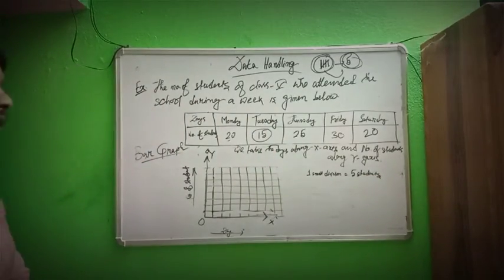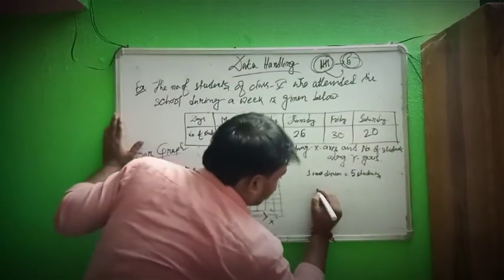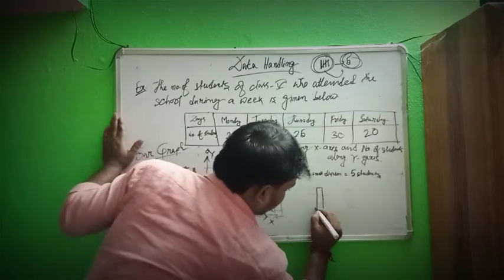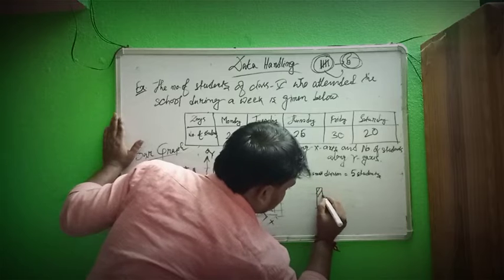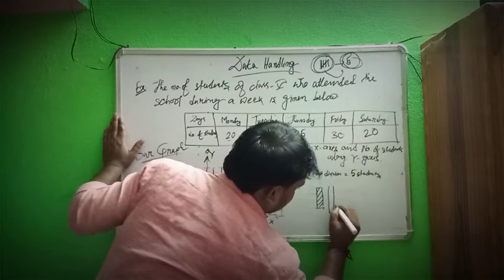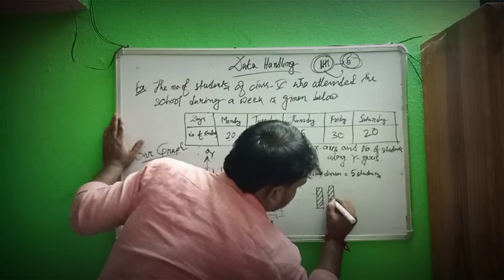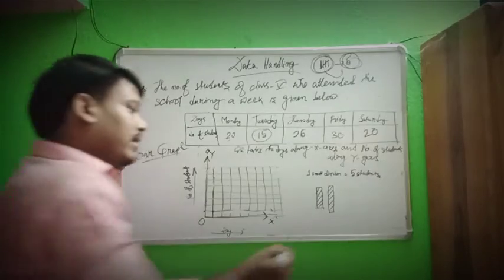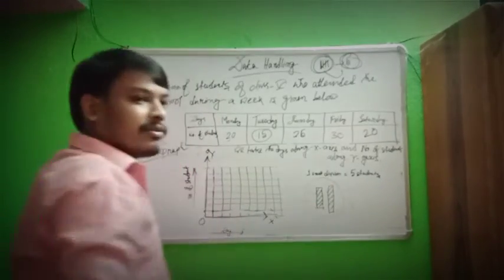And one more thing, the length of each bar. These types of columns are called bars. The length of each bar is equal. Keep it, it is a condition.